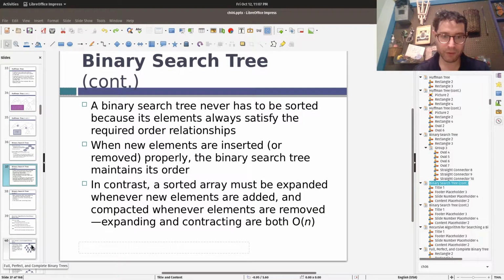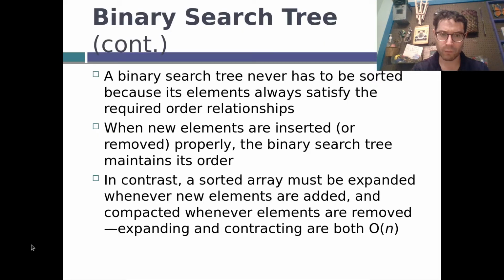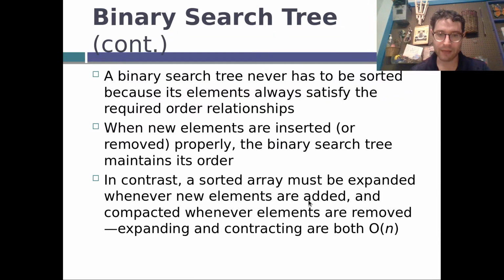So hopefully at this point we now have a better understanding of the way binary search trees work based on their properties. The consequence of the fact that these binary search trees are sorted is that the values in them are sorted and we never have to sort them.